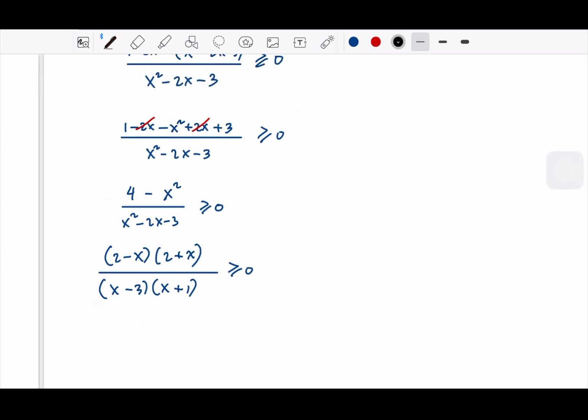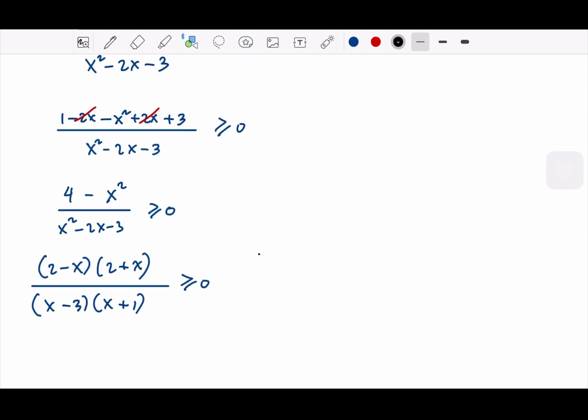So when we deal with the number line, to confirm this, we take x = -2, x = 2, x = 3, x = -1. So we have to write all these possible points.